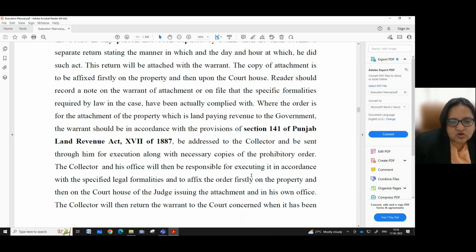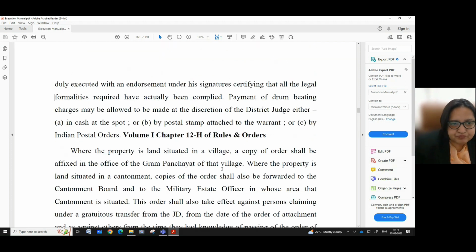The Collector and his office will then be responsible for executing it in accordance with the specified legal formalities and to affix the order firstly on the property and then on the courthouse of the judge issuing the attachment and in his own office. The Collector will then return the warrant to the court concerned when it has been duly executed, with the endorsement under his signature certifying that all the legal formalities required have actually been complied with.